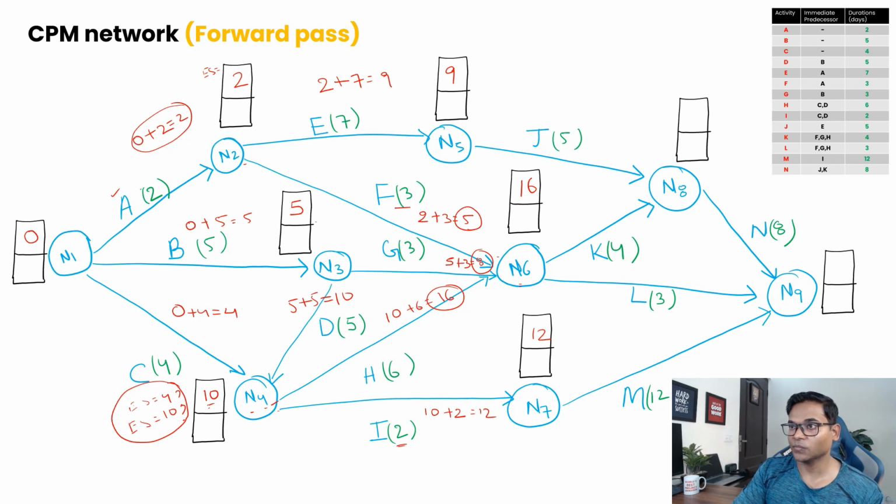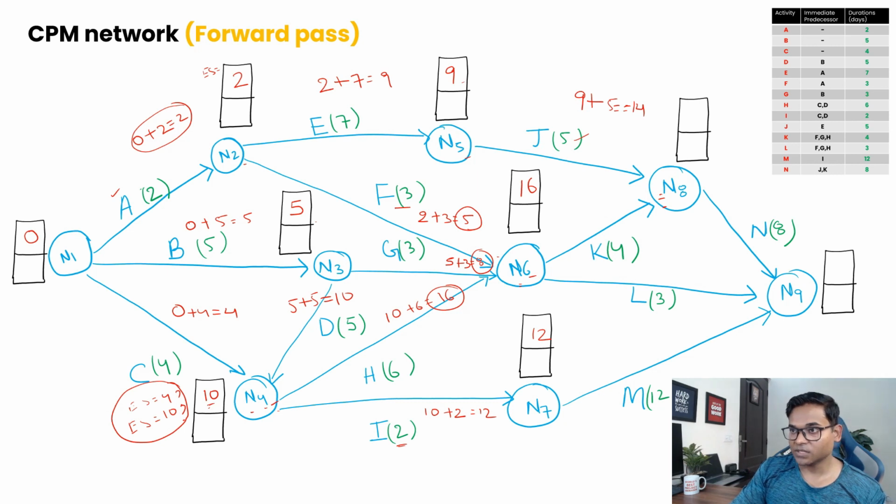Now moving to this node. Again, it's converging with 2 paths: one is N5 to N8, and then another one is N6 to N8. If we calculate the early start for the N5 path, remember we have previously calculated 9 as the early start till N5, plus we will add this duration, so 9 plus 5 equals 14.